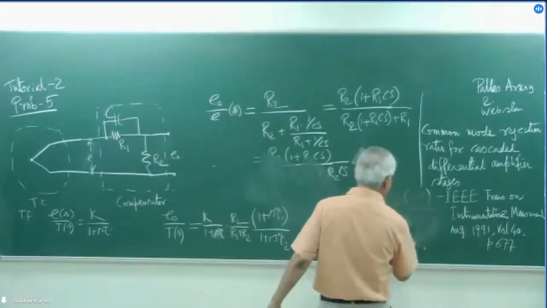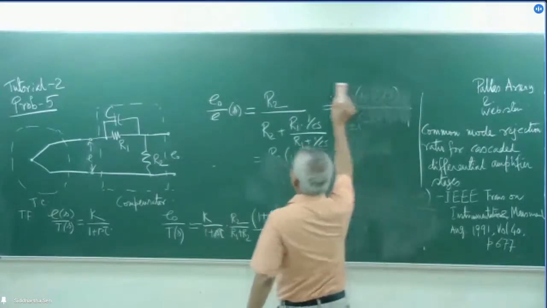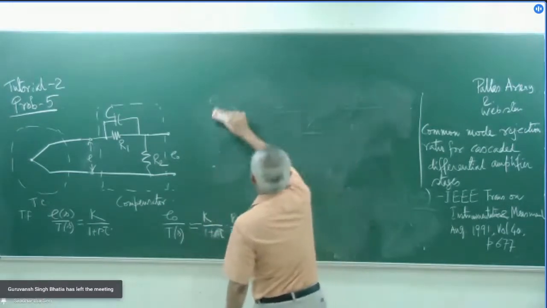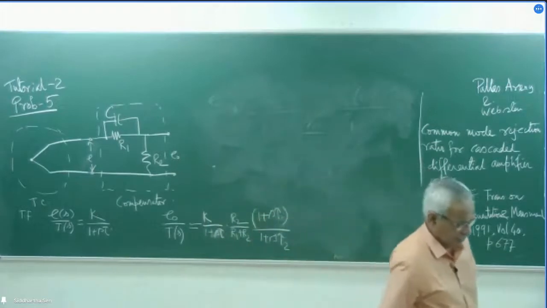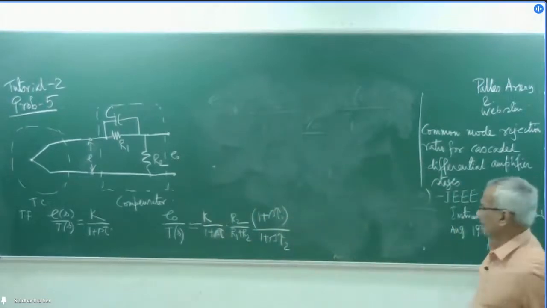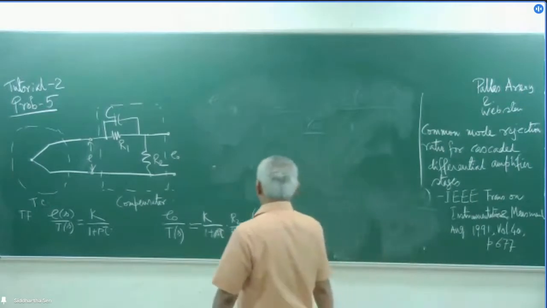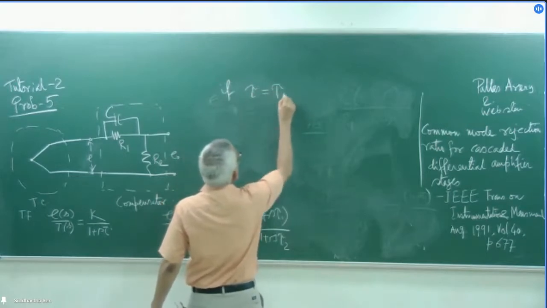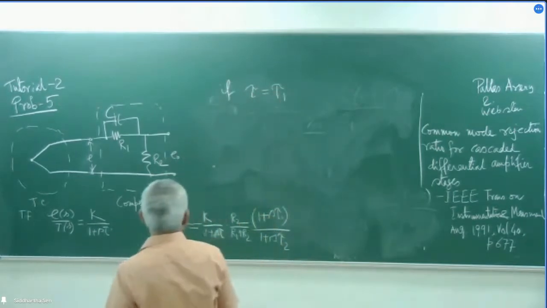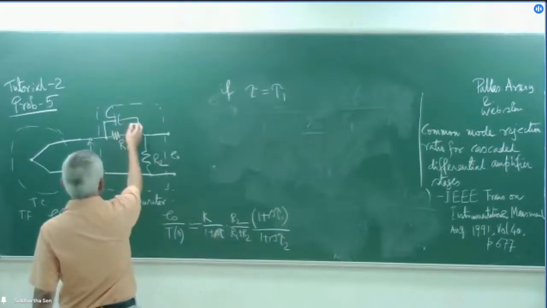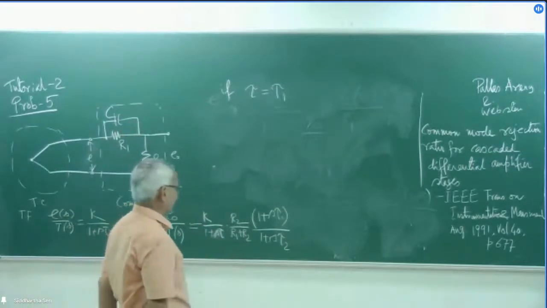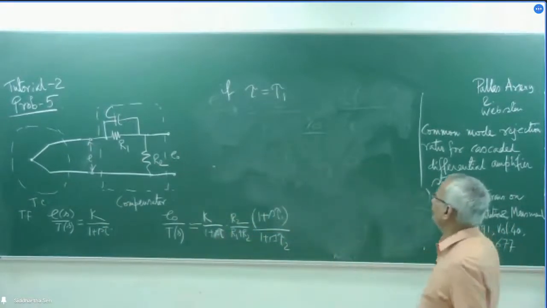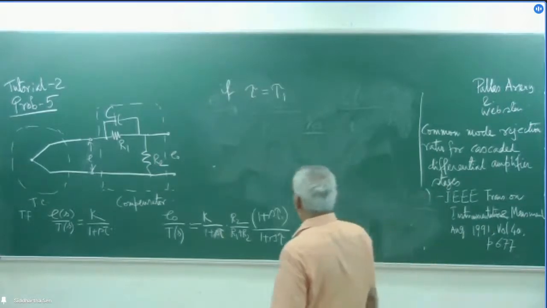Now, a very interesting thing is that if we make, we have just come back from the control systems lab, so I think you remember all the poles, zeros and so on there. So if we set tau equal to tau 1, that means this R1, R2 and C I can select, and by choosing the values of R and C, if tau is equal to tau 1, what will happen?